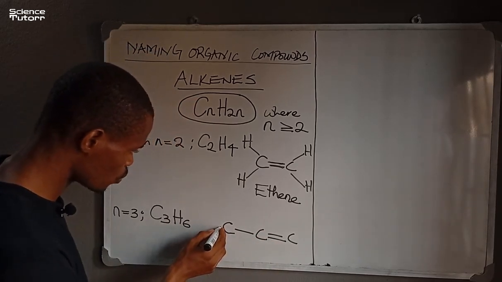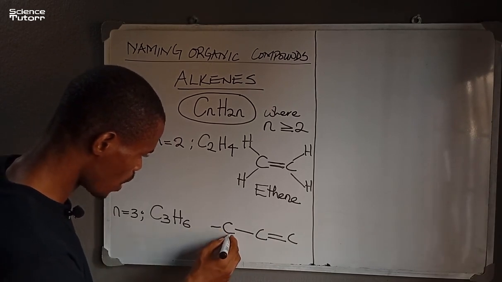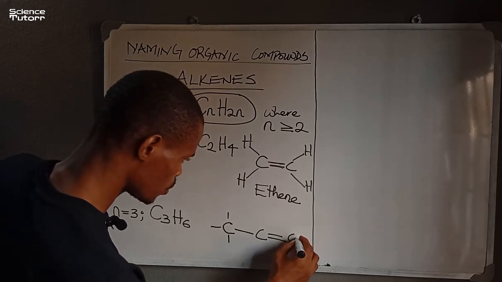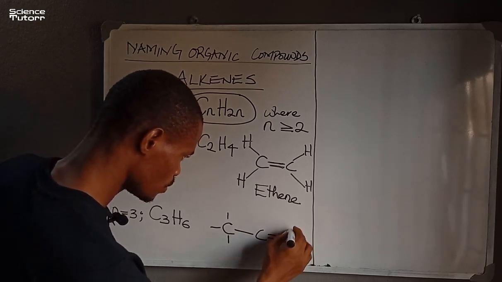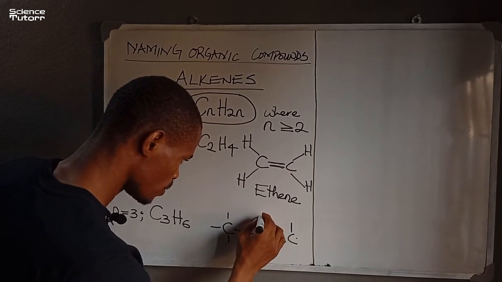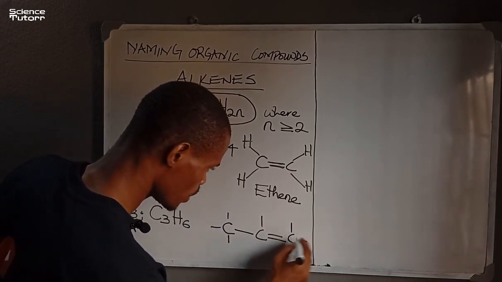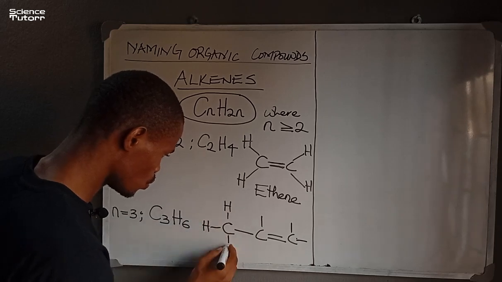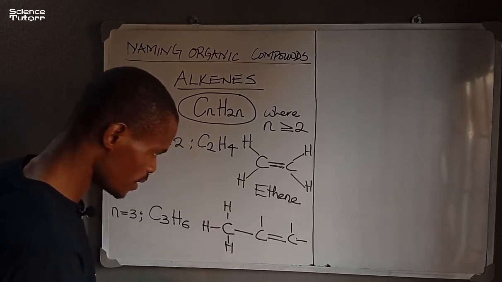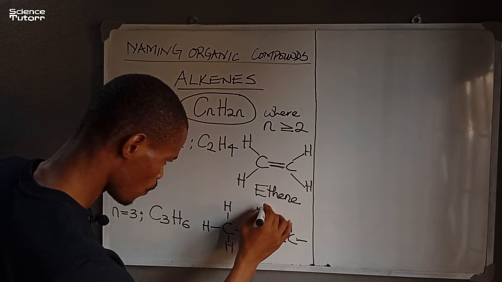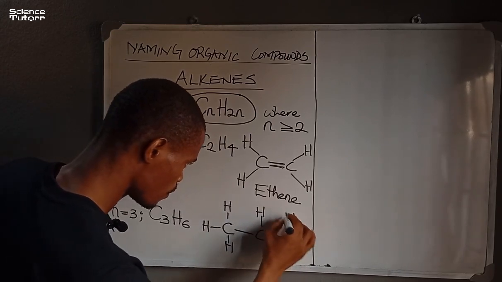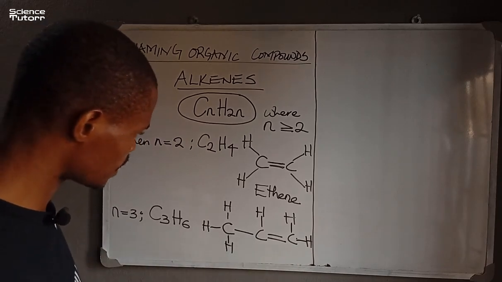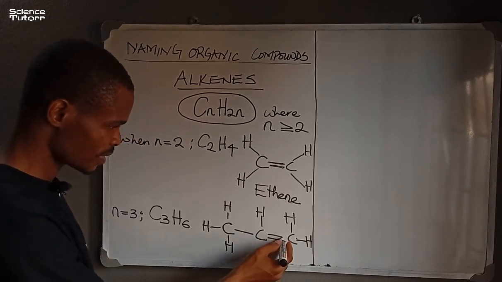So this one will have 1, 2, 3 carbon atoms. This possesses 1 here, 1 here, and 1 here. So that makes 1, 2, 3, 4, 5, and 6.